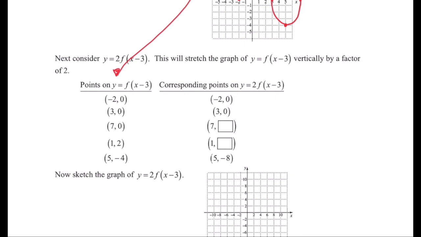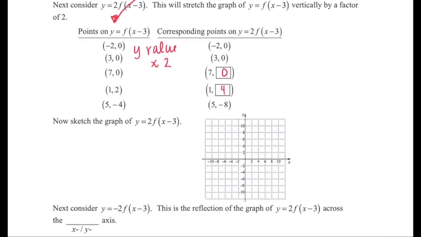If we're vertically stretching by a factor of 2, that tells me that my y values are going to stretch themselves by a factor of 2, since we're stretching and getting bigger. So we're going to take our y value and multiply by 2. We'll still stay the same with negative 2, 0; 3, 0; 7, 0. We'll now have 1, 4, and 5, negative 8. Let's see what this looks like.